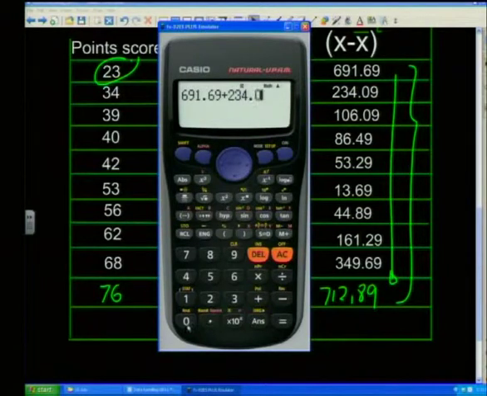We need to be able to do this on the calculator without doing each of the squarings and addings. So it's 106,09 plus 86,49 plus 53,29.